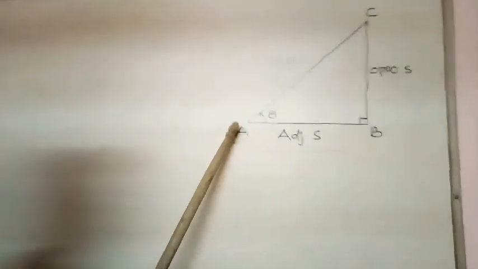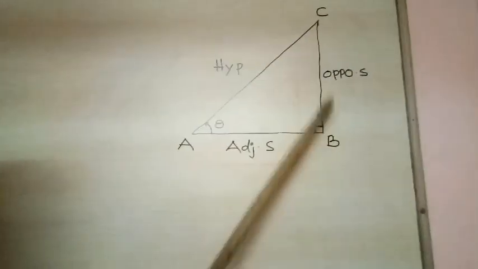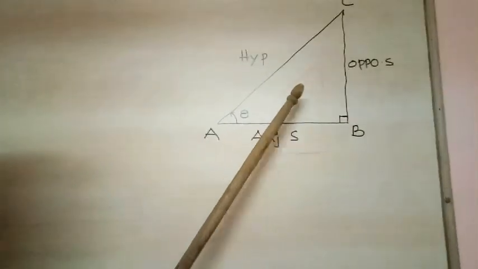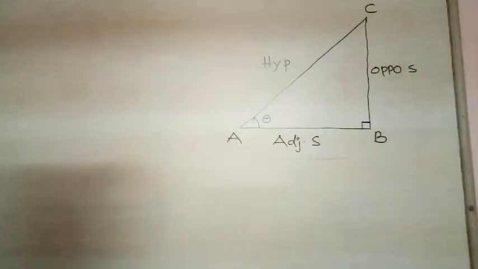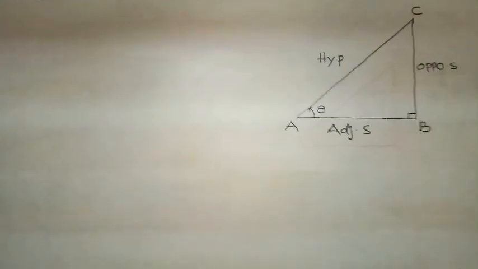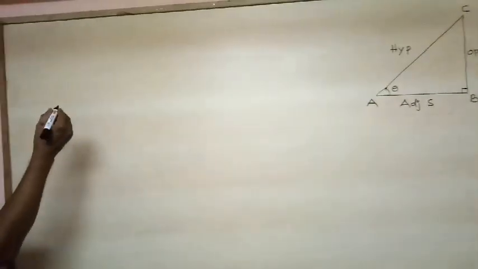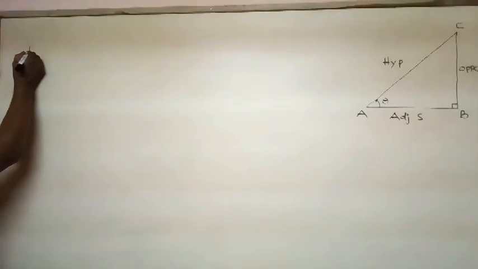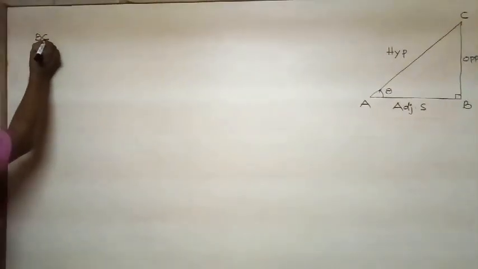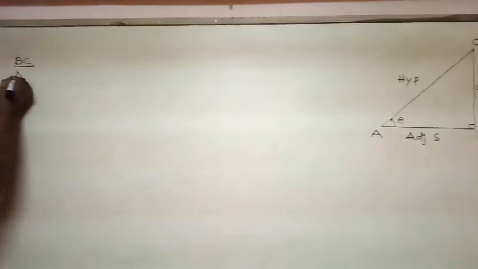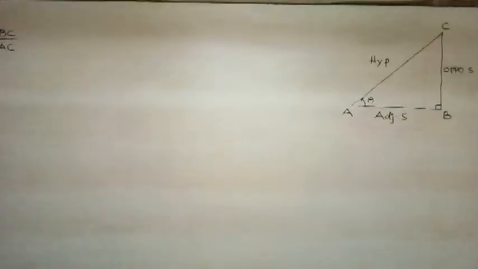First one, we may write like this: BC by AC, which is a ratio.